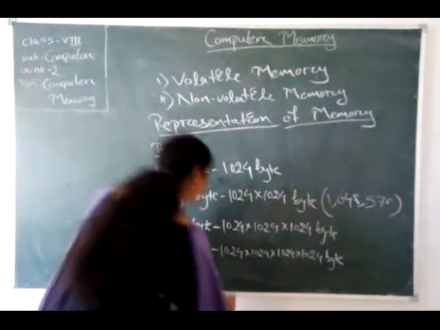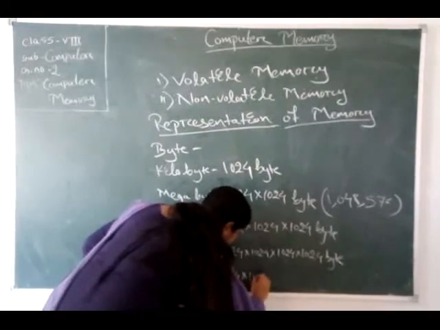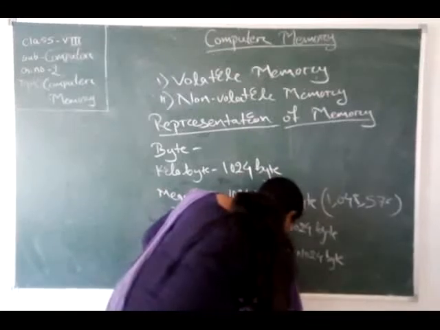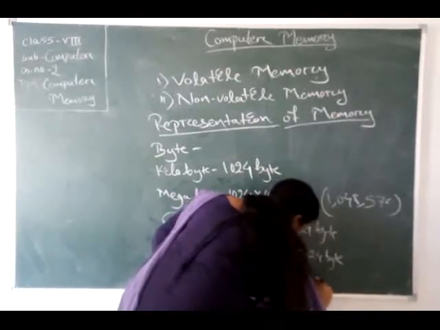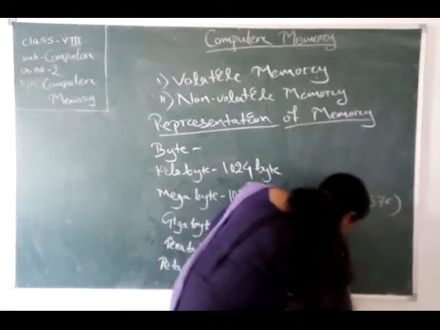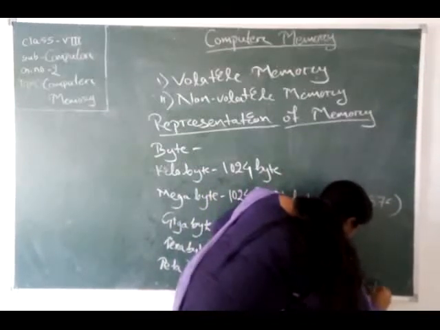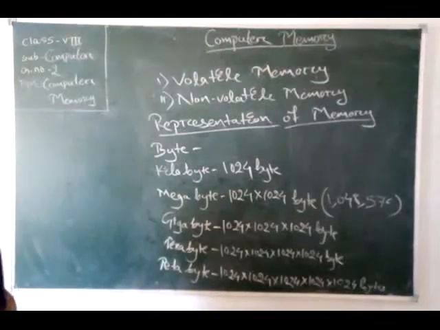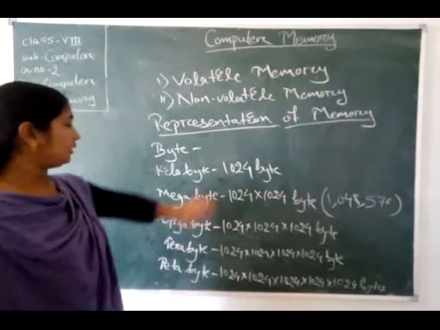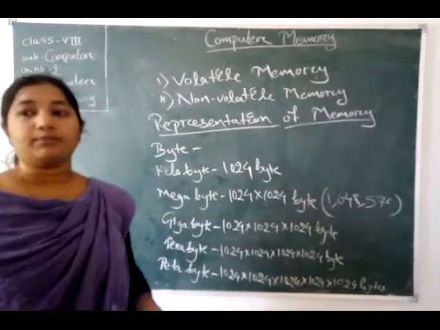And 1 petabyte is 5 times we have to multiply 1024, meaning 5 kilobytes is 1 petabyte.